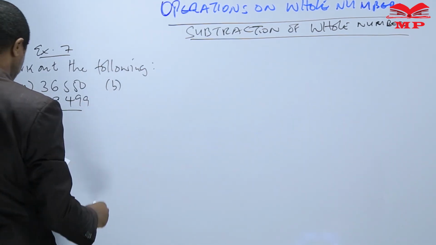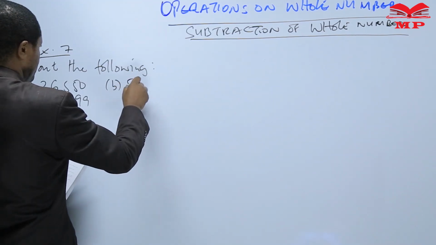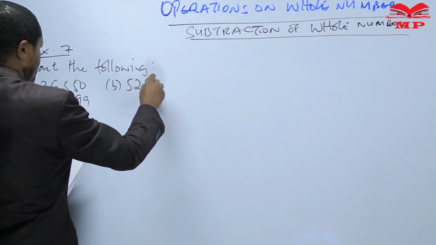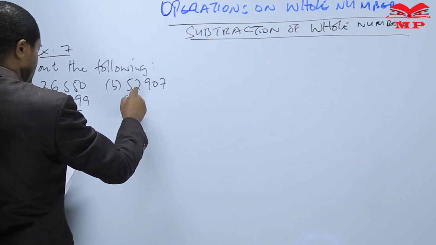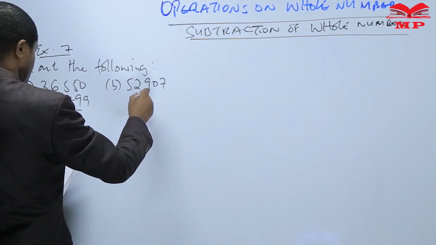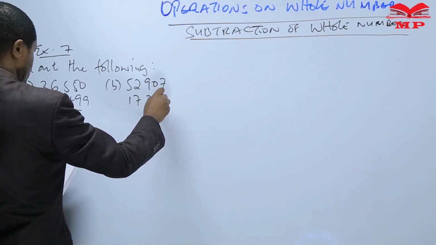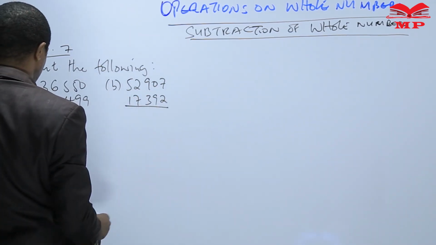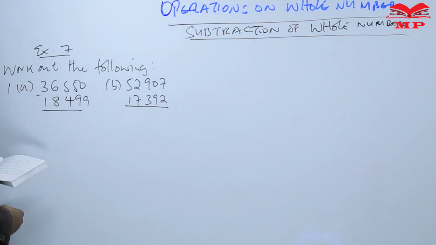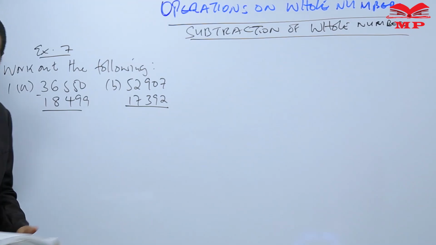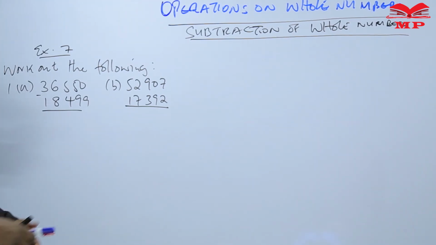B, 52,907 minus 17,392. So let's start with these two, then we see how we'll proceed.